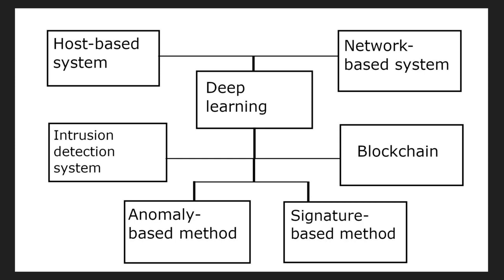Both of these could utilize deep learning, and all their data could be sent through deep learning, and that could facilitate the system looking for anomalies. Then that would go through the intrusion detection system, which utilizes the blockchain. And then it could be used hopefully by a hybrid of the anomaly-based method and the signature-based method.